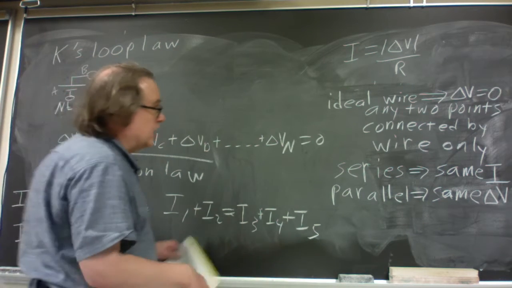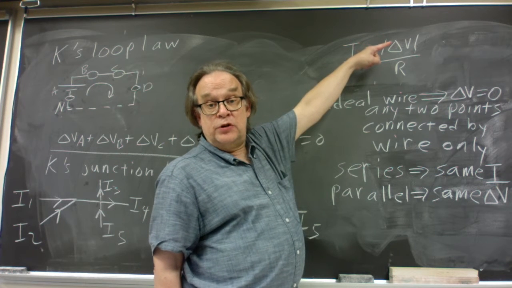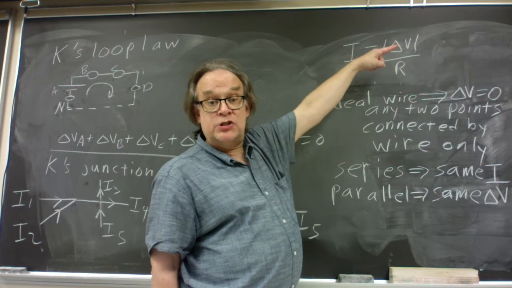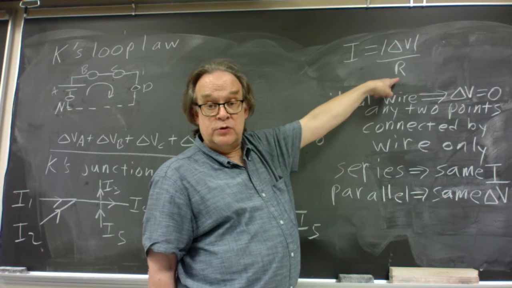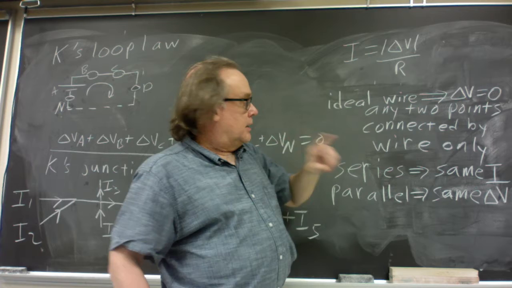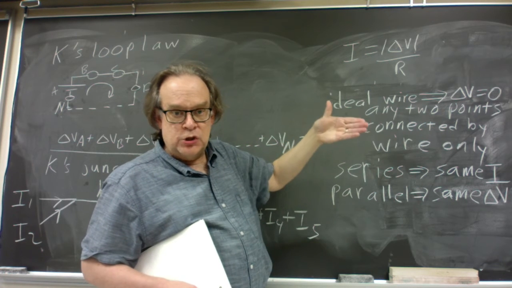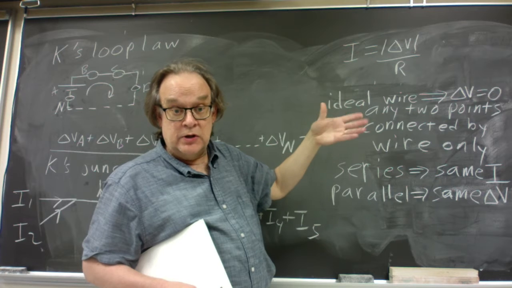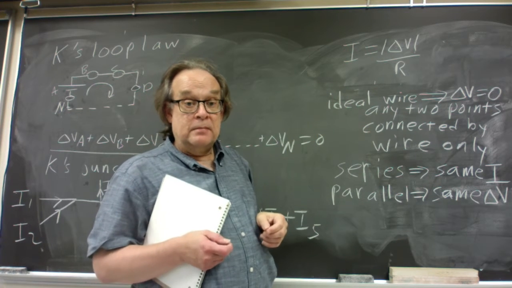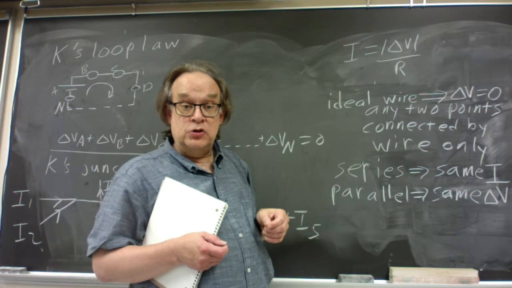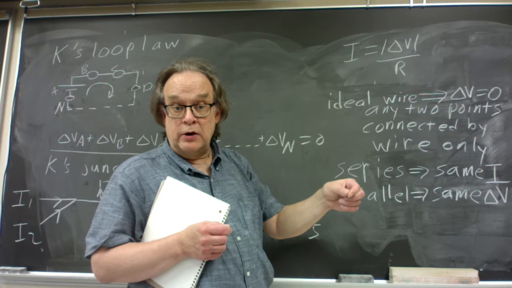Then, of course, we have the basic relationship between current and the potential difference that really makes the current flow through that much resistance. And then the ideal wire approximation: when we have just plain wire instead of a circuit element, like a battery or a resistor, there is no potential difference between any two points in that wire.